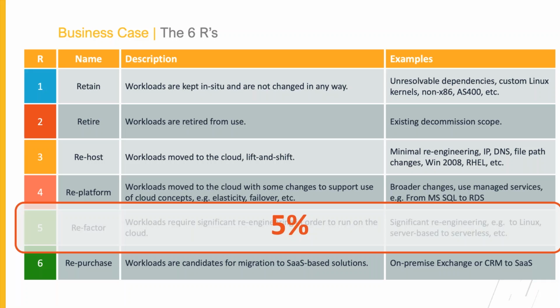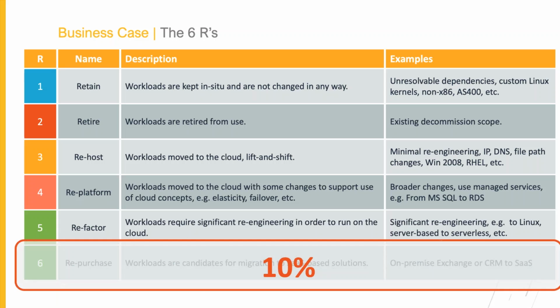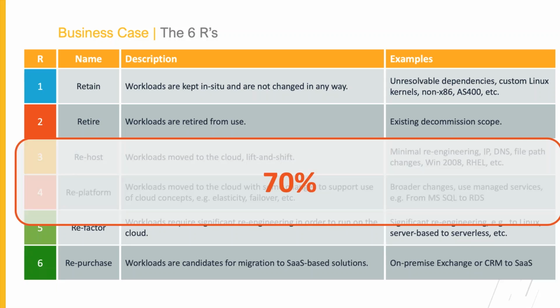Refactor is only 5%, because this is at that initial stage of migration. You'll refactor later on in the process. And repurchase, about 10%. So the big ones here are rehost and replatform. 70% of what you'll do will fit this category generally.